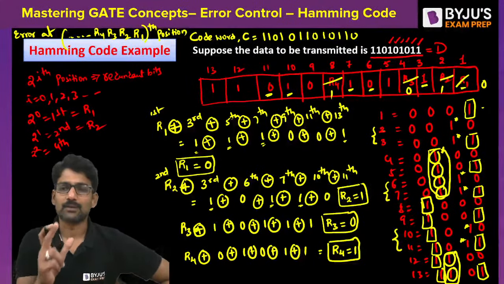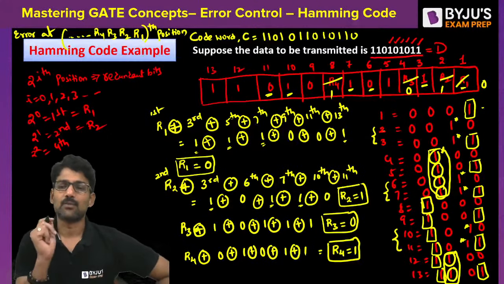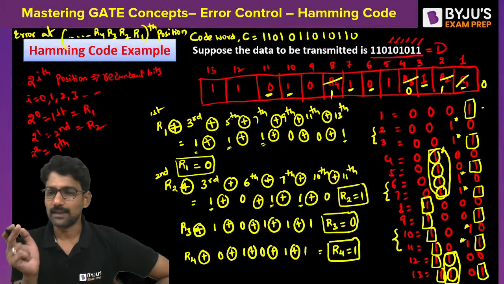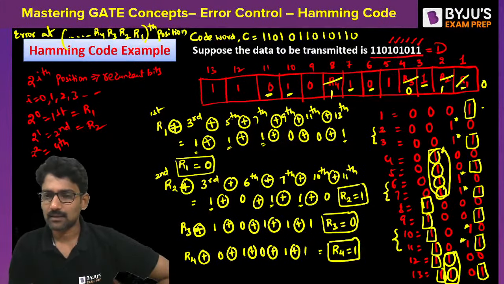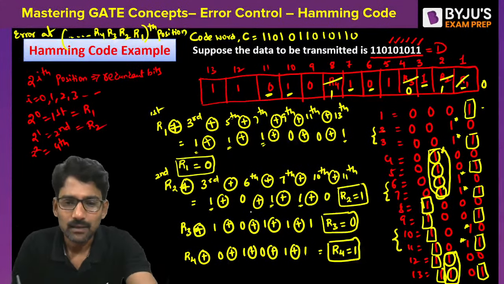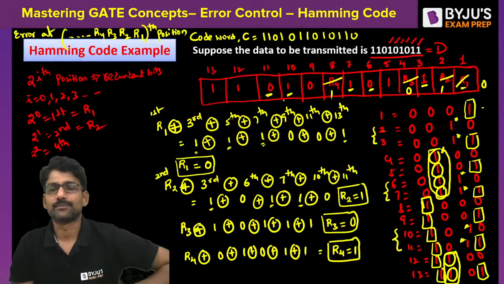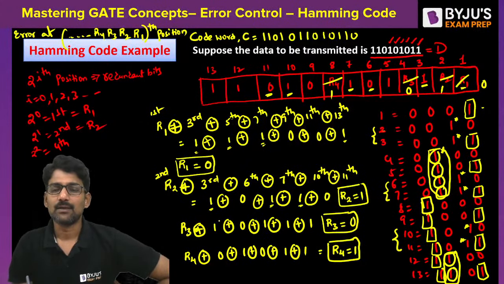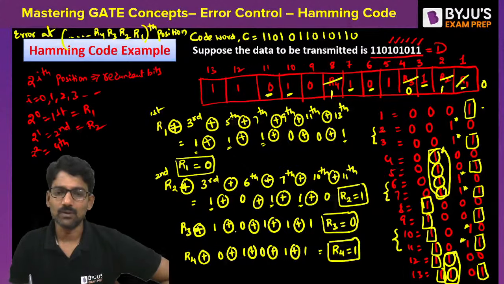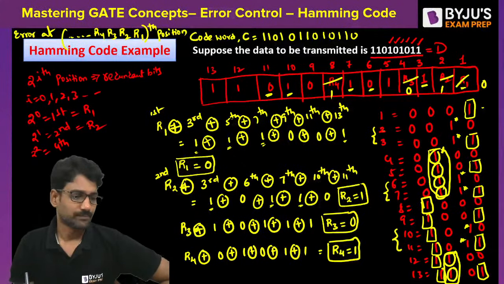Fifth position 1, sixth position 0, seventh position 1, and then 12th position 1, 13th position 1. So R3, 1, 0, 1, 1, 1.